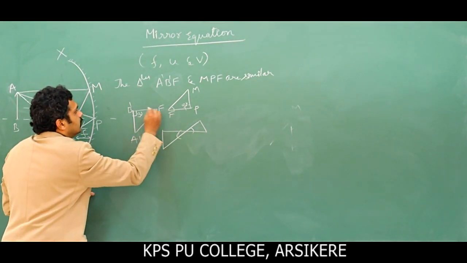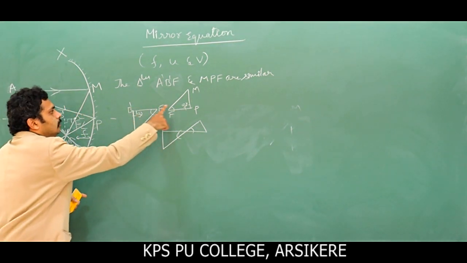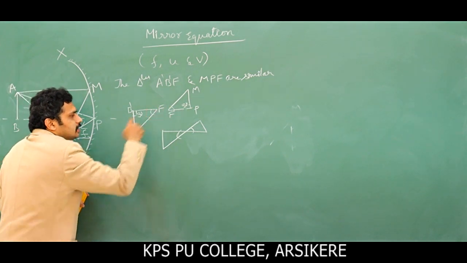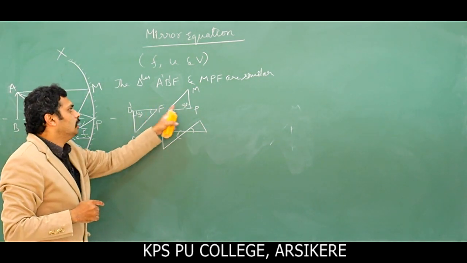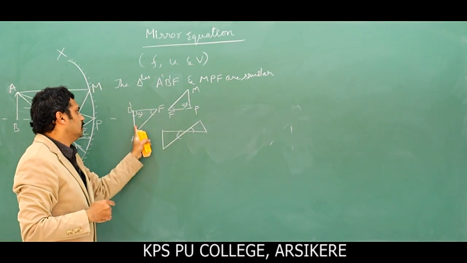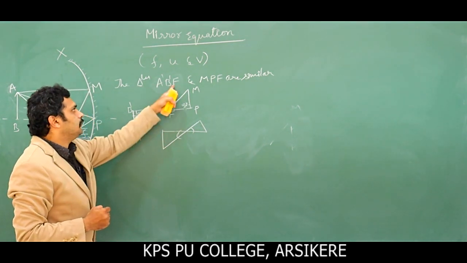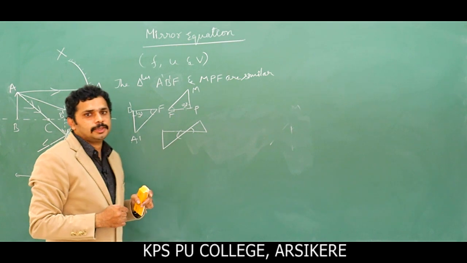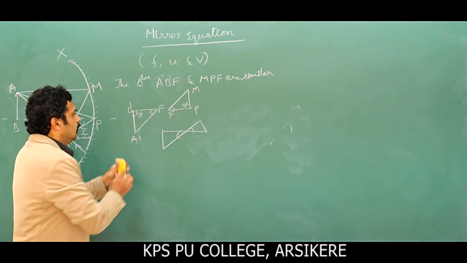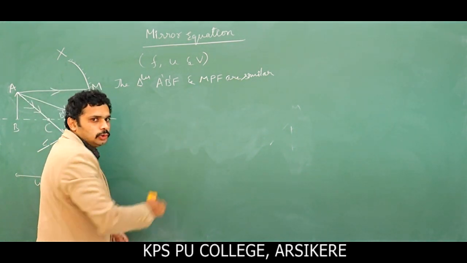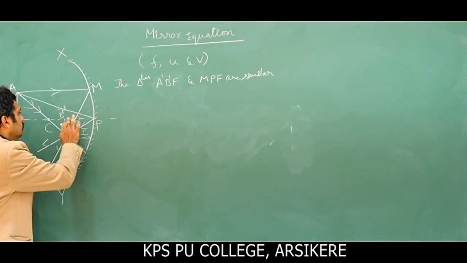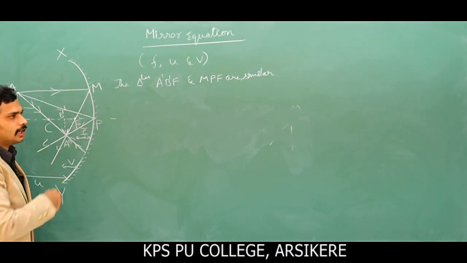This angle and this angle are the same. In a triangle, if two angles are the same, the third angle is also the same. If three angles are equal, we call these two triangles similar. And also the ratios of sides are proportional. It is clear how these two triangles are similar.